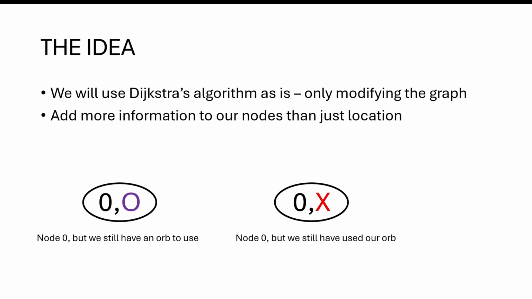In one of them, we have used the orb, in the other, we haven't used the orb. This means that in this example, Plebosaur is located on node 0, but he hasn't used his orb. And in this example, Plebosaur is once again in node 0, but he has used his orb.